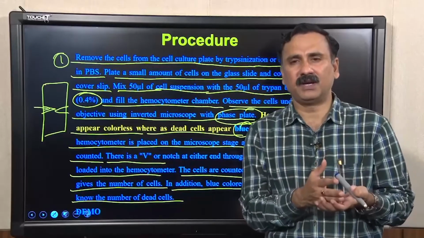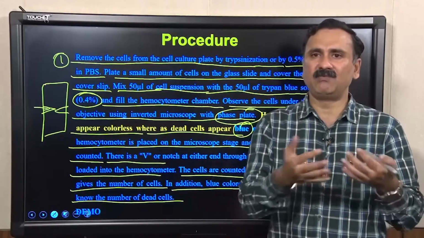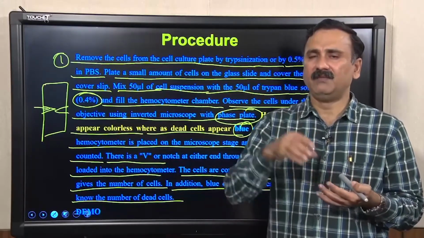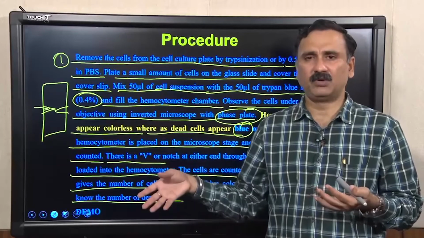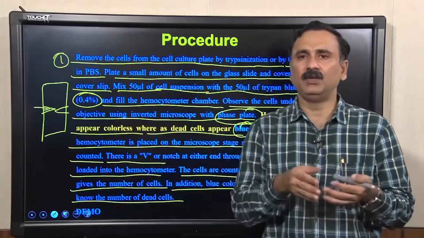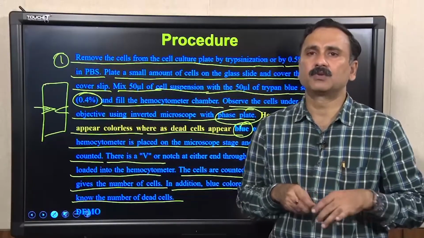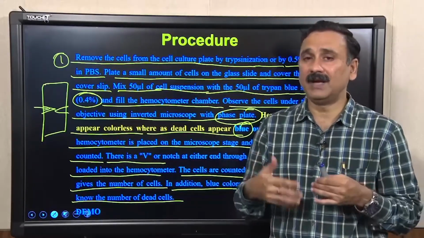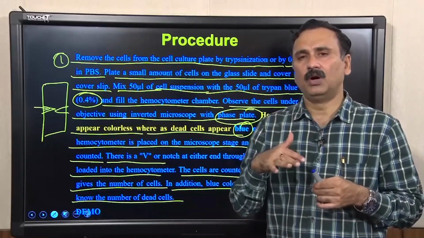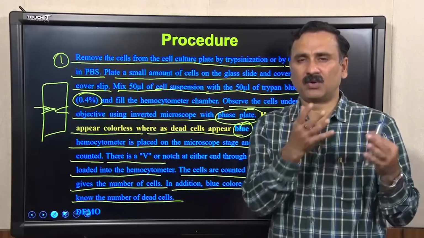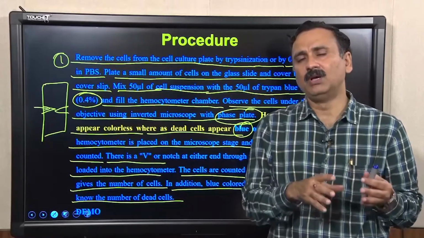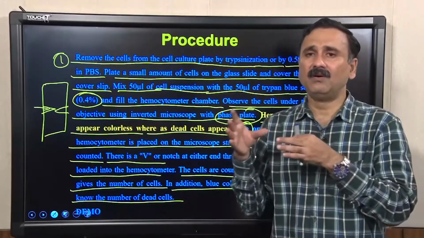Whatever the mechanism, the cells are going to come off from the dish. Then you mix 50 microliter of the cells with 50 microliter of trypan blue, load that onto the hemocytometer, and put it under the inverted microscope. You can visualize these cells within the chamber and count the number of blue cells and the number of colorless cells, and that is how you can count the number of dead cells and the number of viable cells.